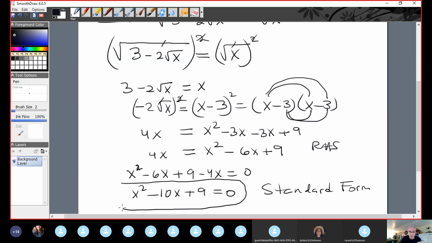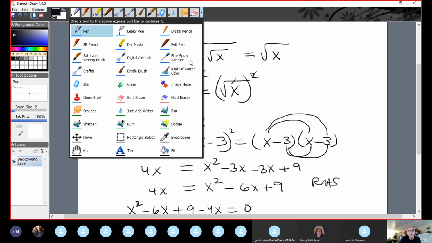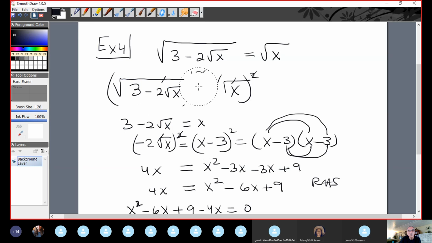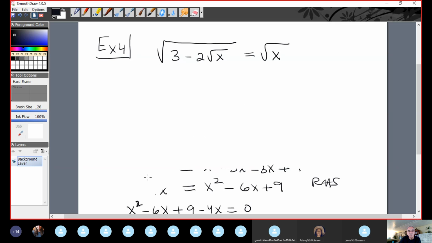Now it's the moment that we are ready for solving this equation. I want to copy it here. And you help me. Now, what should I do? I apply the quadratic formula, or I do it by factorization? What do you think?